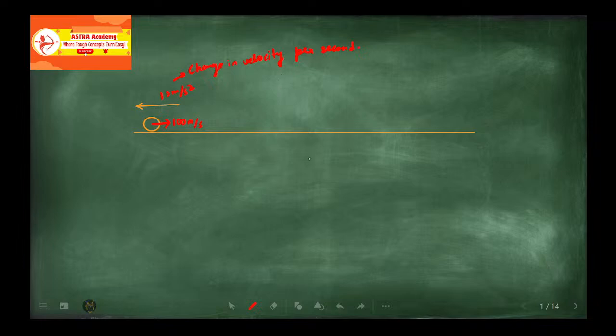Okay, so now let's understand clearly what this concept is. Change in velocity per second is acceleration. Now the change can be of two types: one is increasing and the second is decreasing. If the acceleration is in the opposite direction to the given initial velocity, it has a tendency to reduce the speed.